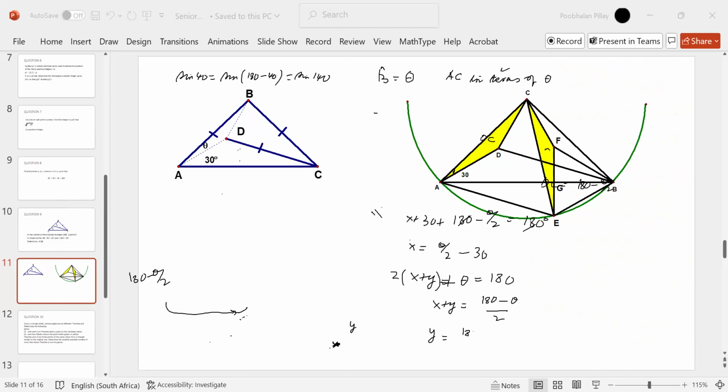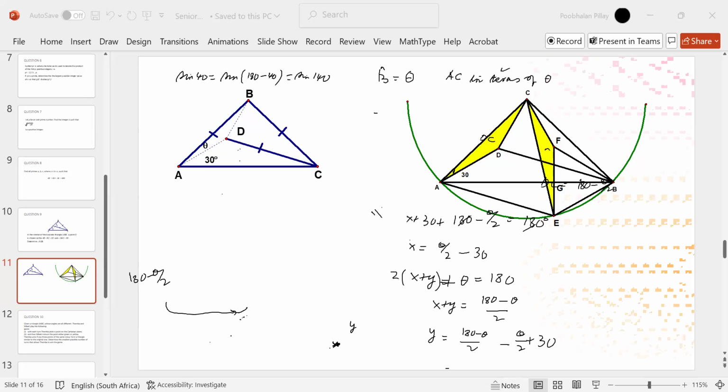Y is 180 minus theta over 2, that minus x, which is minus theta over 2 plus 30. That's minus x, so I changed the sign. If you work this thing out, you get 90 plus 30, which is 120, minus theta over 2 minus theta over 2 is minus theta.